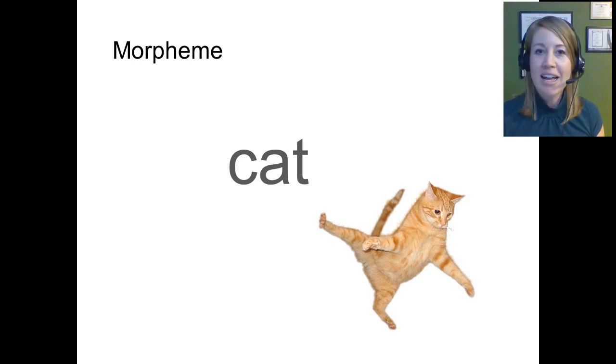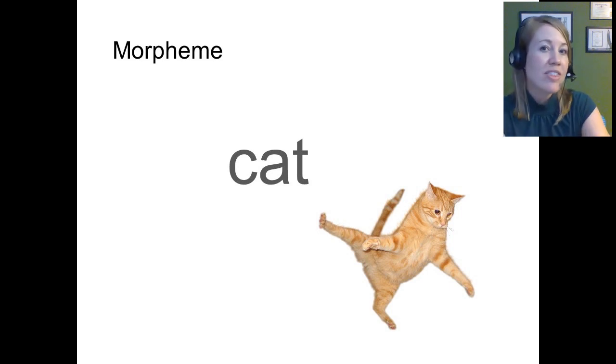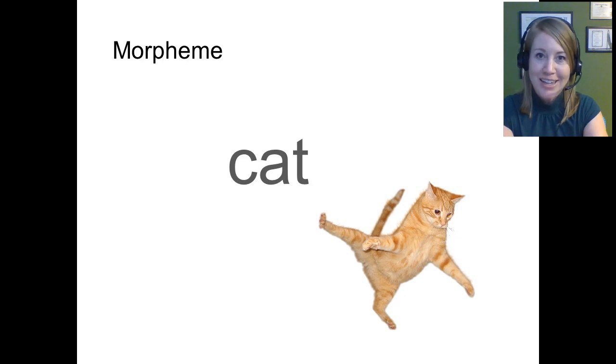And we cannot break down the morpheme cat into smaller units without the meaning changing. So when I say cat, you think of this orange fluffy character that I have on the screen right now. And that's what I want you to think. I cannot break cat down any smaller and get you to still think about that orange fluffy kitten, right?